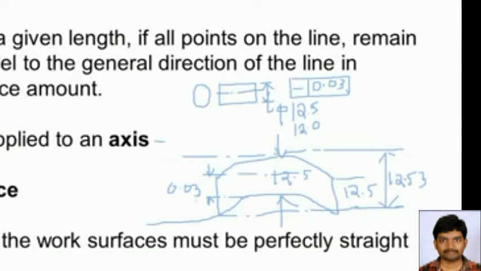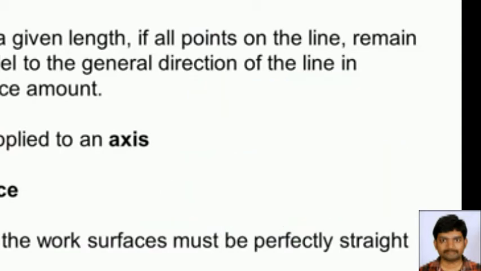Now when the straightness tolerance is applied to the surface, we have this cylindrical object, and again the size varies from 12 to 12.5. So this is 12 to 12.5 diameter.